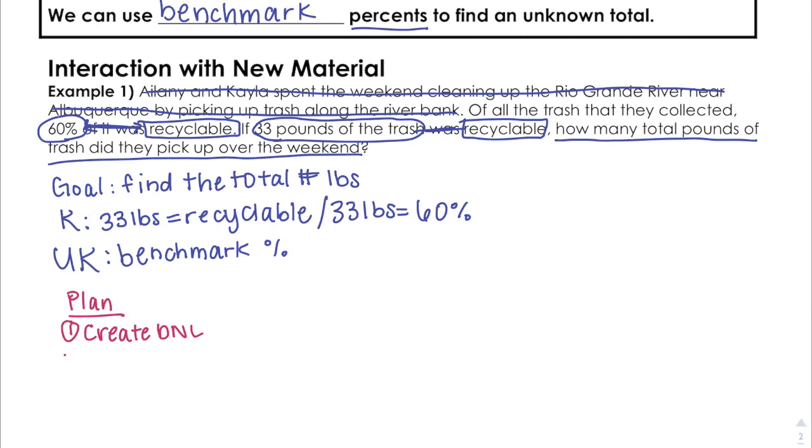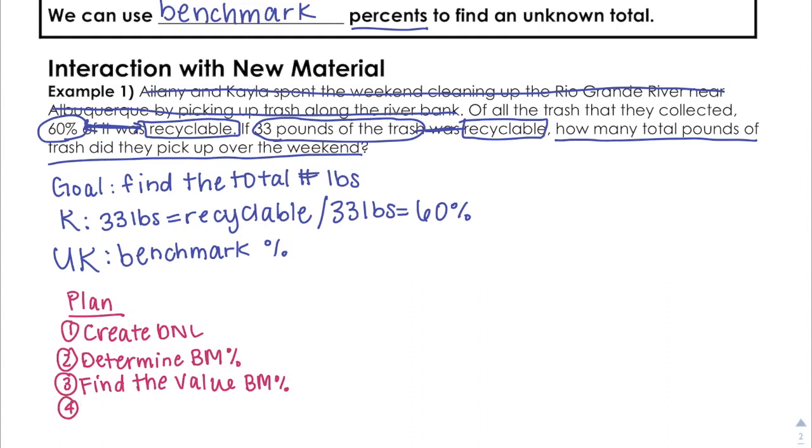Step 2, one of my unknowns, I have to determine my benchmark, BM percent. Step 3, we have to find the value or the number that goes with the benchmark percent on the other side of the number line. So we have to find the value at benchmark percent. And then step 4 is find the total pounds of trash.